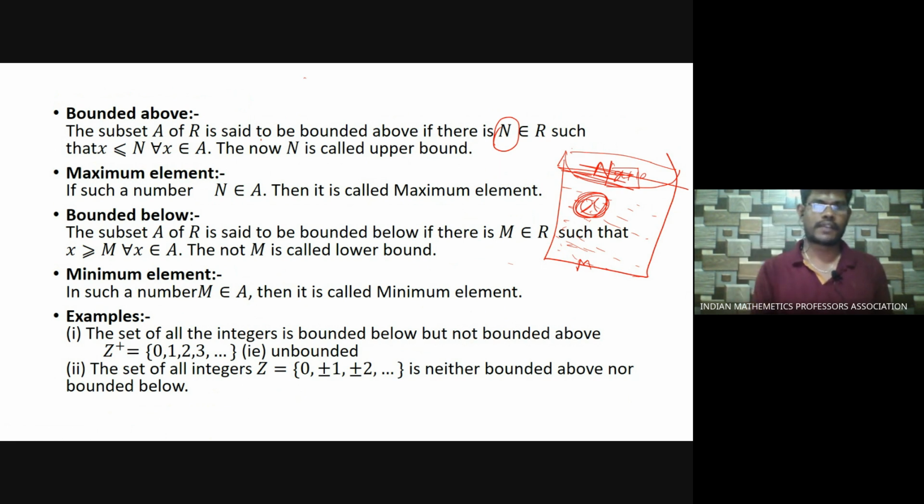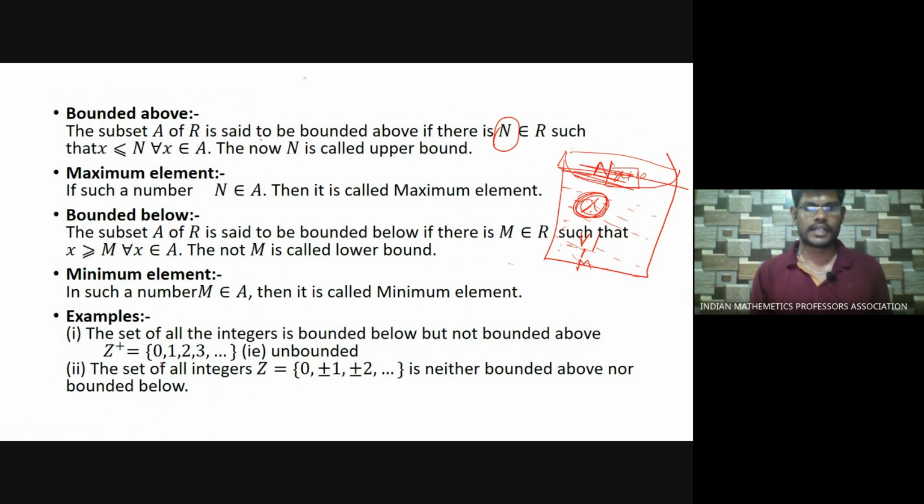Okay, so here we have a formal definition. A subset A of R is said to be bounded below if there is an m belongs to R such that x is greater than m. So in this example, x is greater than m. That's why this is a lower bound. The minimum element: vice versa, if m belongs to A, then that is called a minimum element.